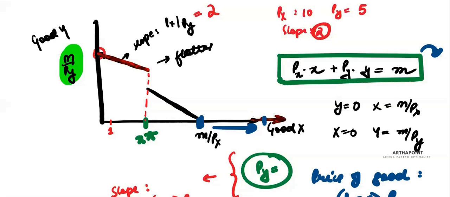Before X star, the price is lower. So had this been the complete budget line, you would have afforded more X because of the subsidy, more than what you're currently consuming. But this is not the budget line throughout. This is only till X star, beyond which the price goes to the usual price of PX by PY.